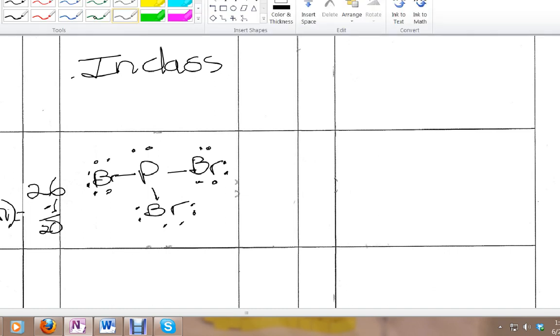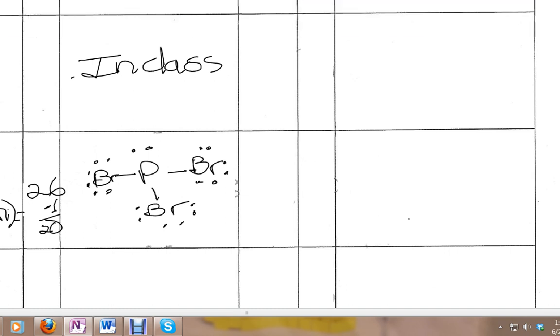Okay, let's go for the next one. Geometry. How many domains? 1, 2. Don't forget the lone pair on the phosphorus, but it has to be on the phosphorus. 3 and 4. 1, 2, 3, 4. So it's going to be electron geometry tetrahedral. What is going to be the shape?